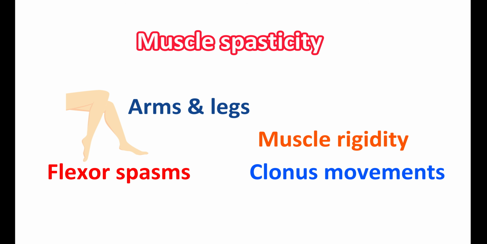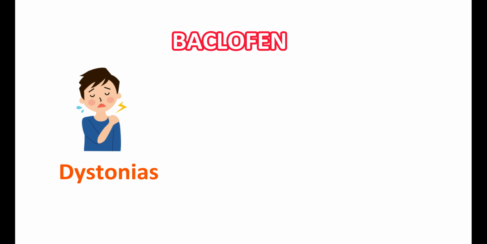Clonus involves rhythmic and involuntary muscle contractions and relaxations that may be associated with any neuronal injury in the brain or spinal cord. Baclofen can also be given to control the spasticity in people with spinal cord injuries or spinal cord disorders. It can also be used for other conditions like the treatment of dystonias.